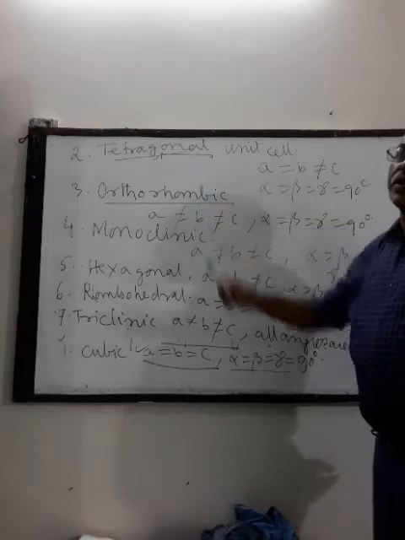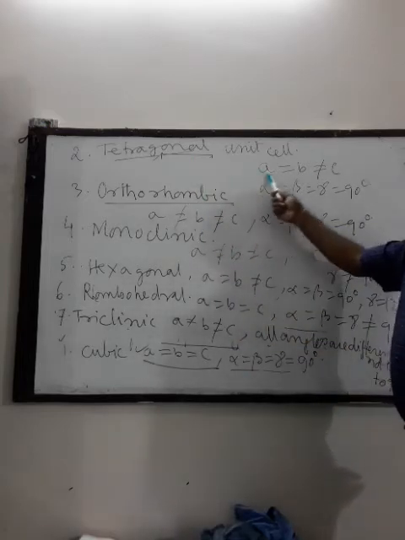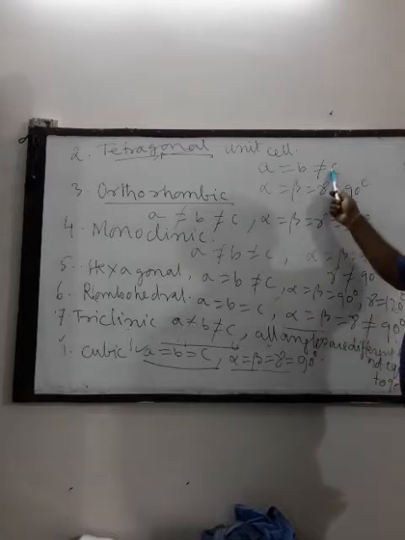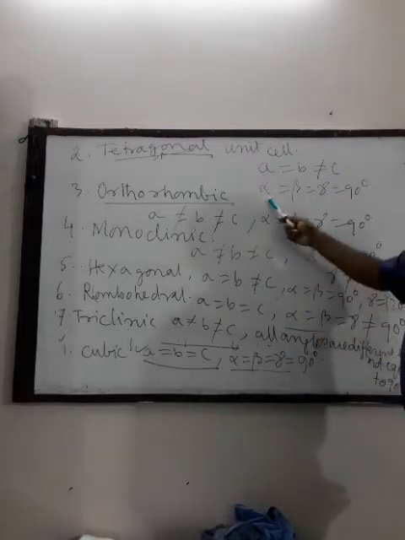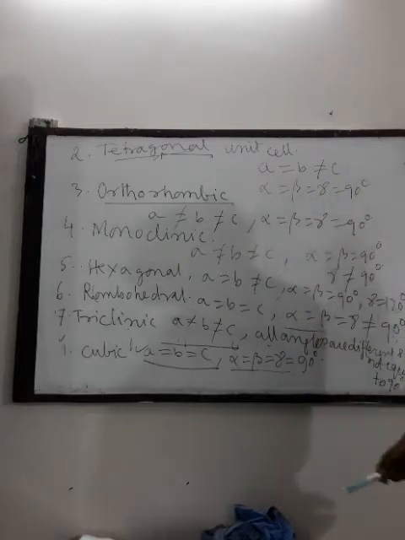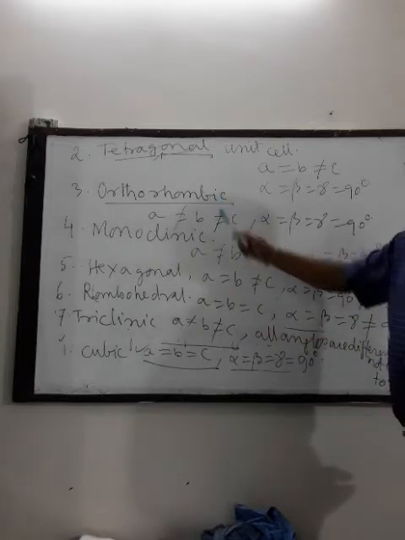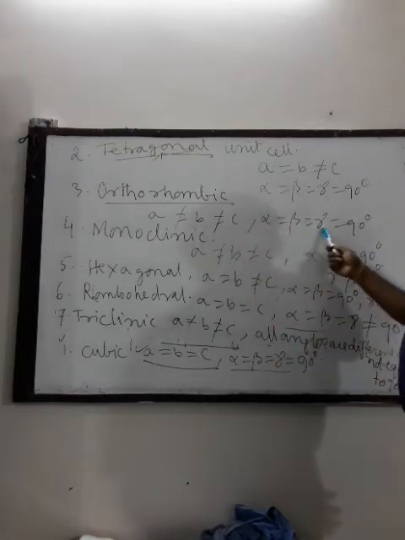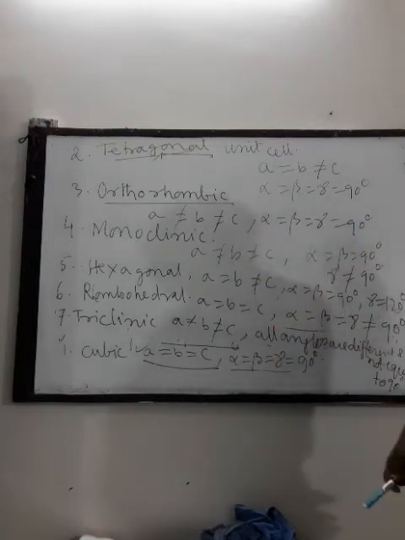Second one is called tetragonal, two sides are the same, third side is different, all angles are the same and equal to 90 degree. Third one is called orthorhombic, where all sides are different but all angles are equal and equal to 90 degree.